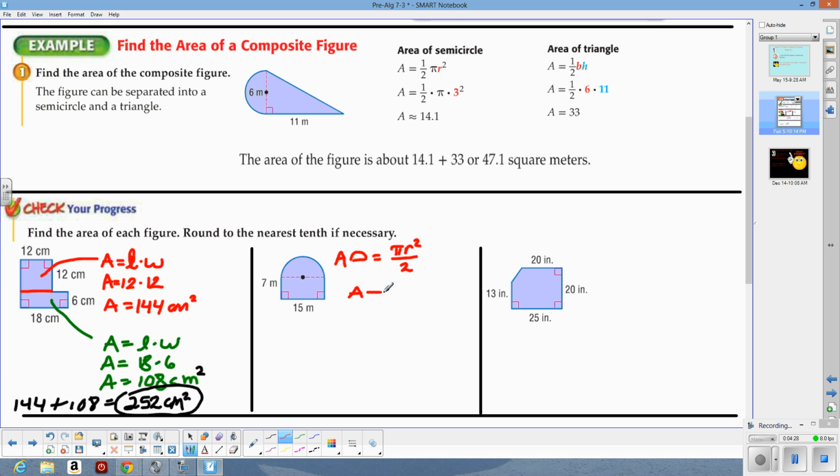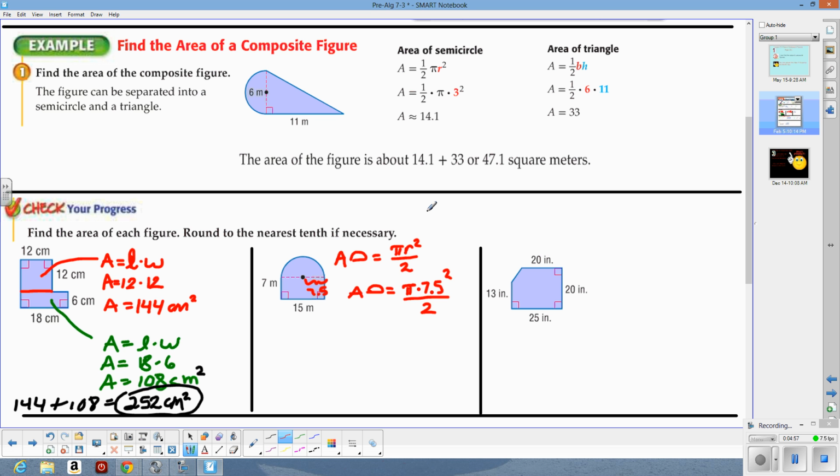So the area of the semicircle is going to equal pi times the radius. The radius is going to be 7.5. Since the diameter is 15, the radius is 7.5. So pi times 7.5 squared, and then that answer divided by 2.